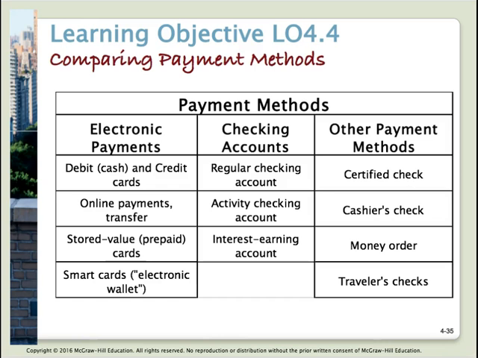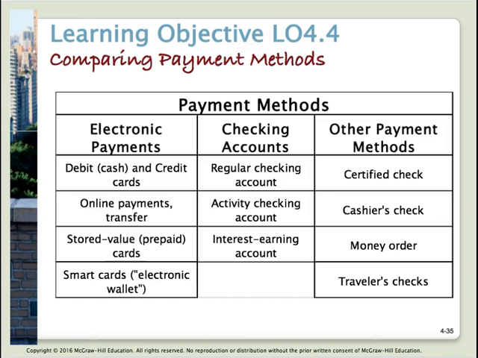So learning objective number 4, comparing payment methods. In this chart in your book on page 124, we're going to begin by looking at electronic payments. Transactions not involving cash, checks, or credit cards have expanded with the use of technology, which we started our first objective talking a little bit about. We have improved security online and increased consumer acceptance of doing payments electronically.